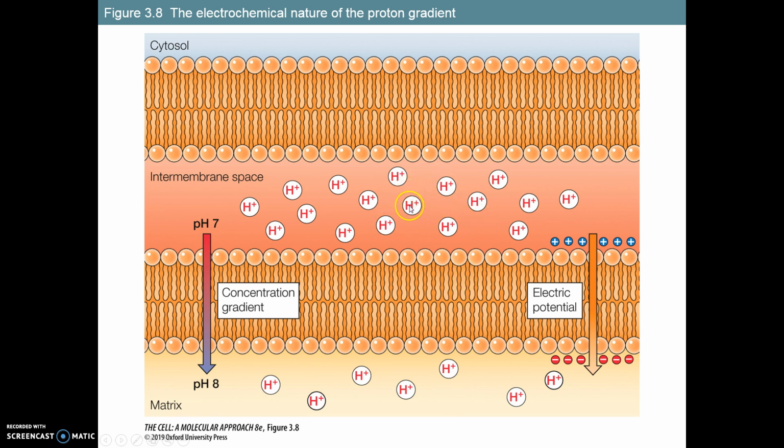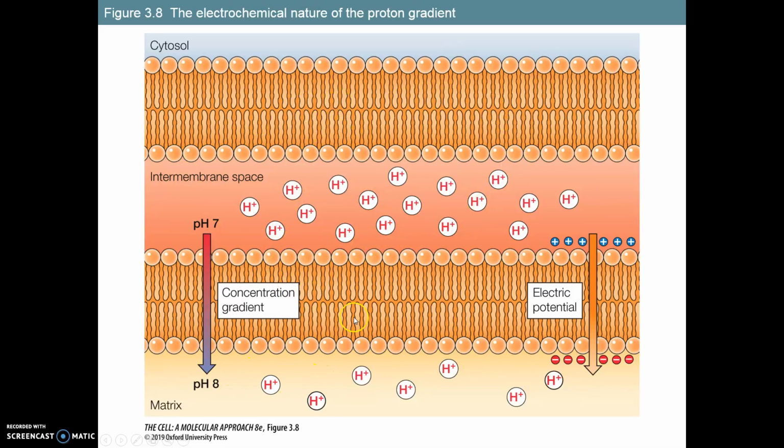So all these protons have a positive charge. That is going to leave an electrical gradient as well. So we have positive charges in this intermembrane space, a cluster of negative charges in the matrix. In addition to that, we have a pH differential. So this intermembrane space is going to be more acidic than the matrix itself.